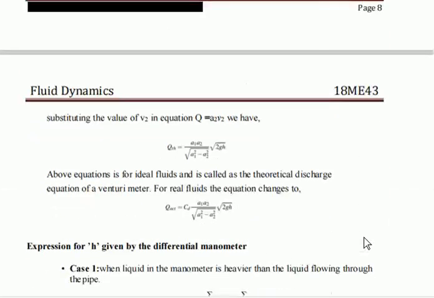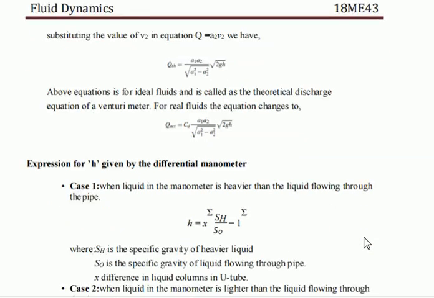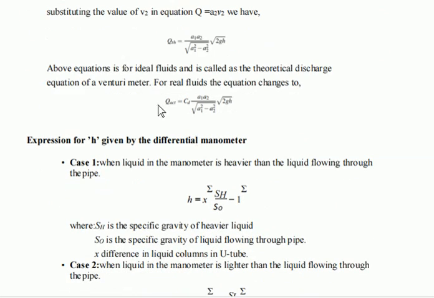Next, substituting the value of V2 in the equation Q is equal to A2 V2, we have Q theoretical. Already we have that V2 is equal to A1 root of 2gh by root of A1 square minus A2 square, and discharge Q is equal to A2 into V2.